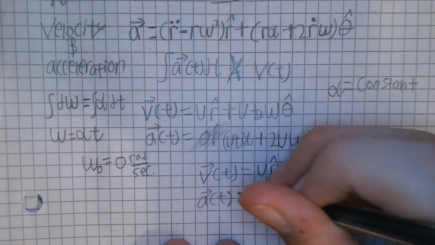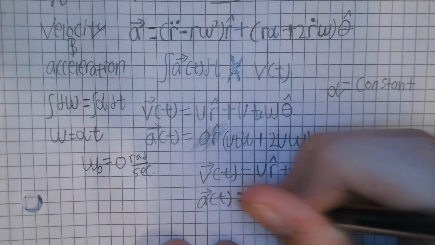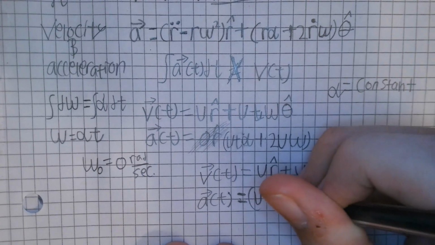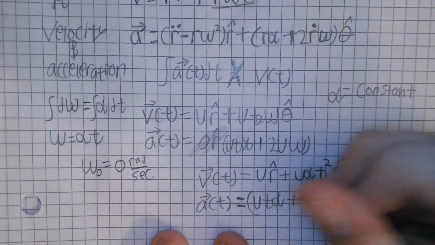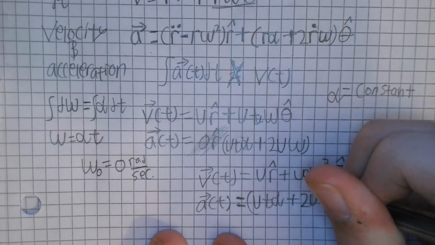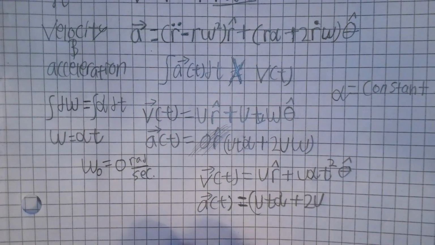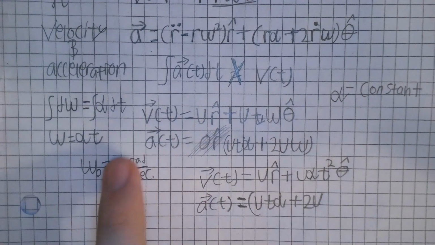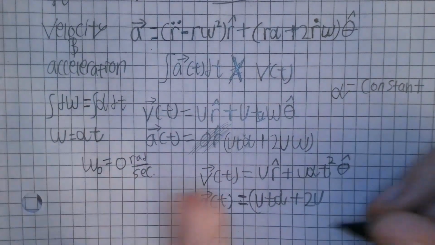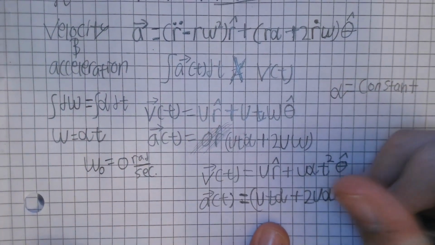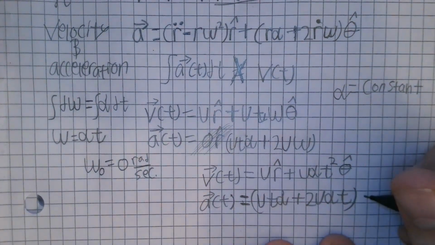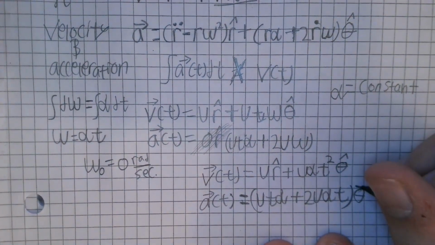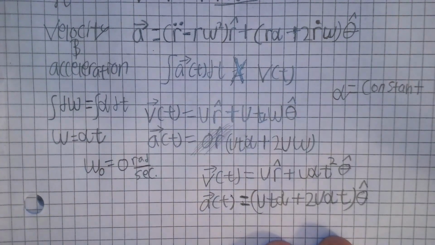That's fine. U t alpha plus 2 times u instead of omega. We're just going to replace this with alpha times time, angular acceleration times time. And that is going to be in the theta hat direction.